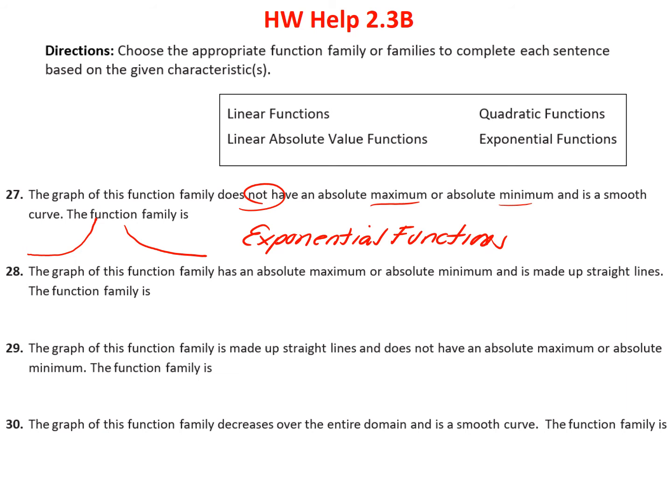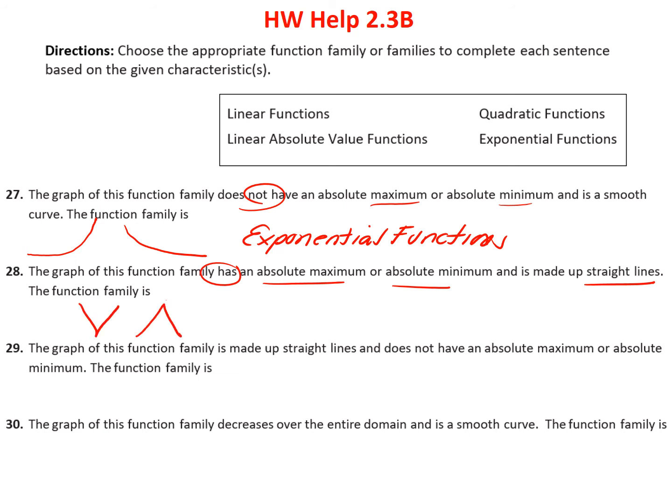The graph of this function has a maximum or minimum, and it's made of straight lines. And if it were just a maximum or minimum, we saw above, it could be quadratic or absolute value, but in this case, because it has straight lines, it can only be absolute value.